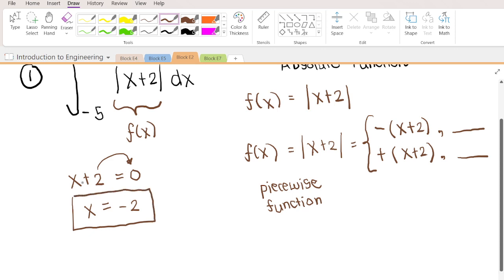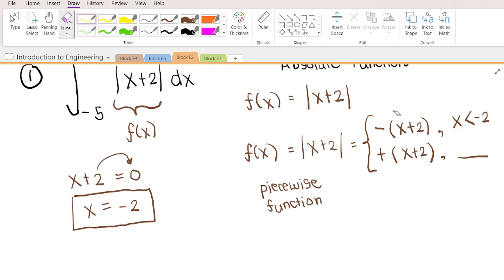So what does this mean? The value of x is at negative 2. Values that are less than negative 2 are negative 3, negative 4, negative 5, and so on and so forth. The function that you have to use during the plotting and the substituting of values is this one.